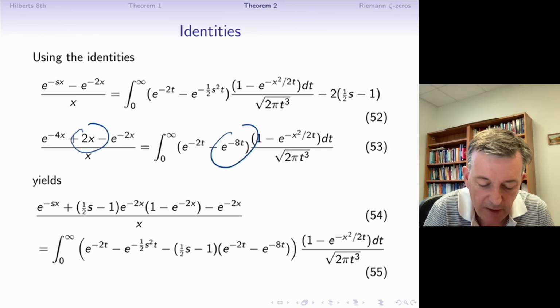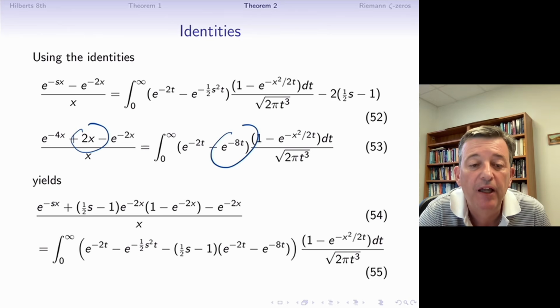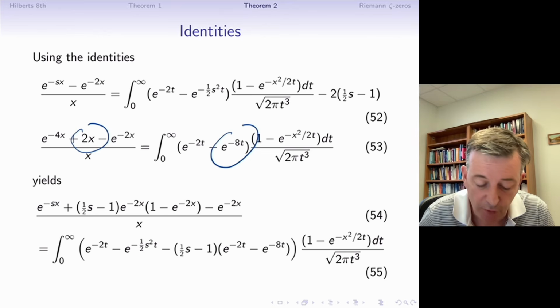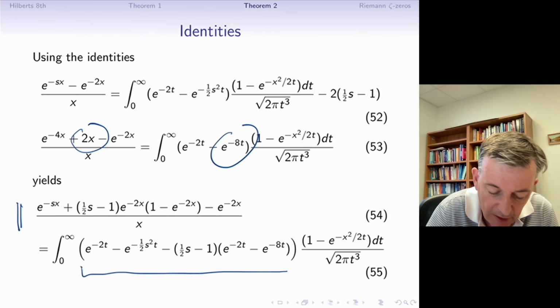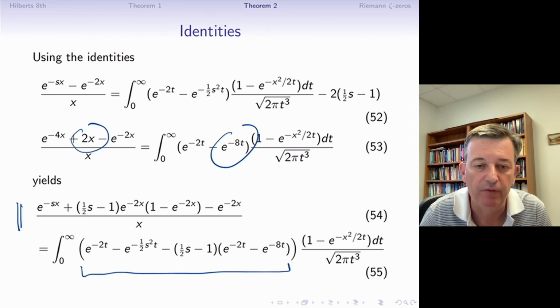So essentially, we're going to take 54, the term that comes in the Levy representation, and convert it to a term that will look more like a Thorin for the reciprocal function.